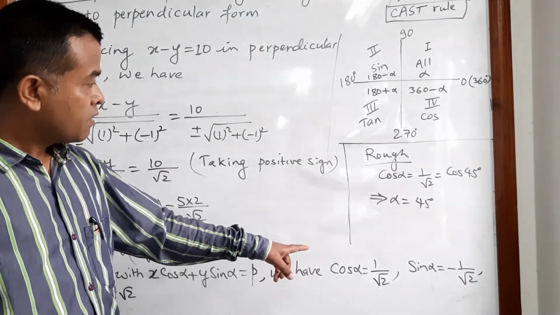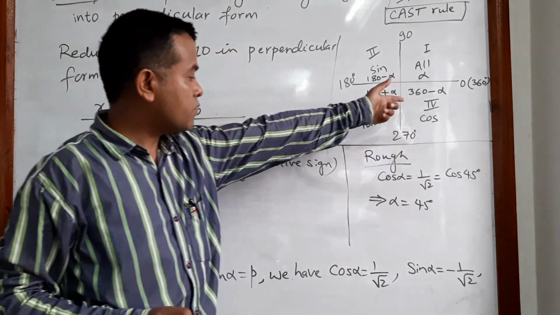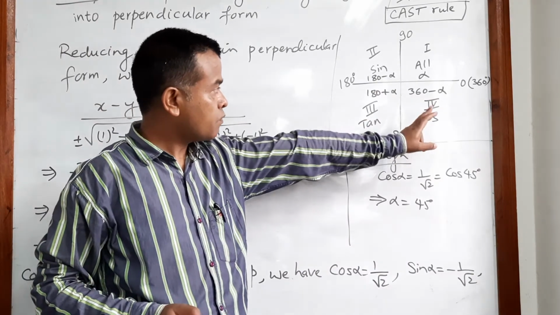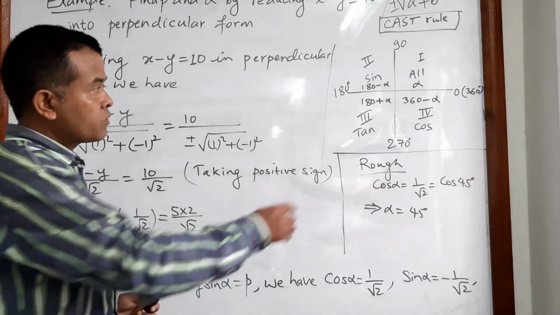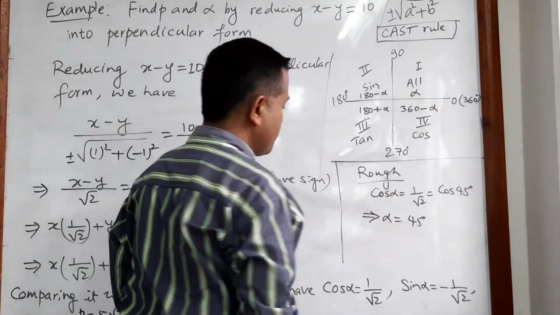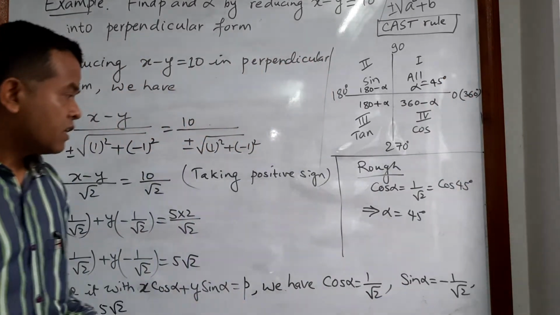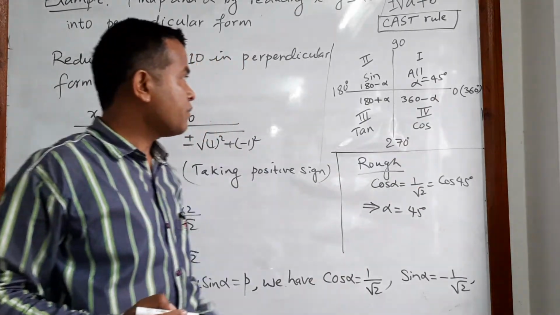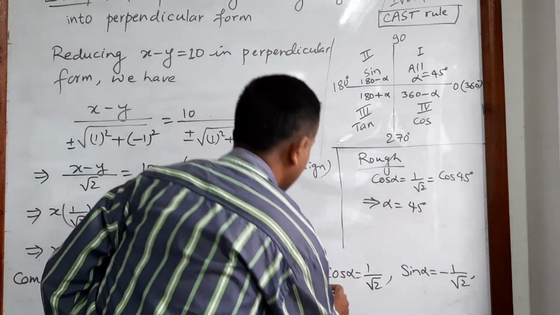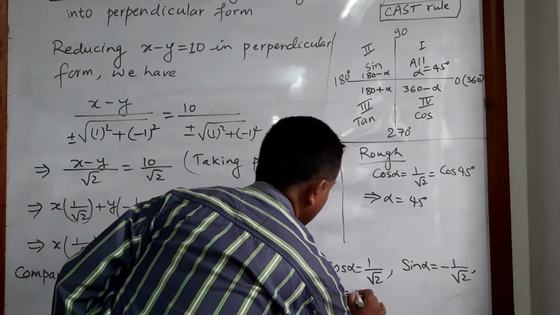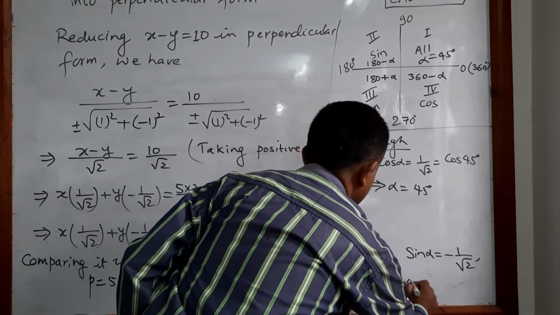Cos is positive in the fourth quadrant, and except cos all are negative here. So definitely sin is negative in the fourth quadrant. So our suitable quadrant is this quadrant. Our alpha value here is 45 degree, so you can substitute the value of alpha and get the required angle 360 minus 45 degree.